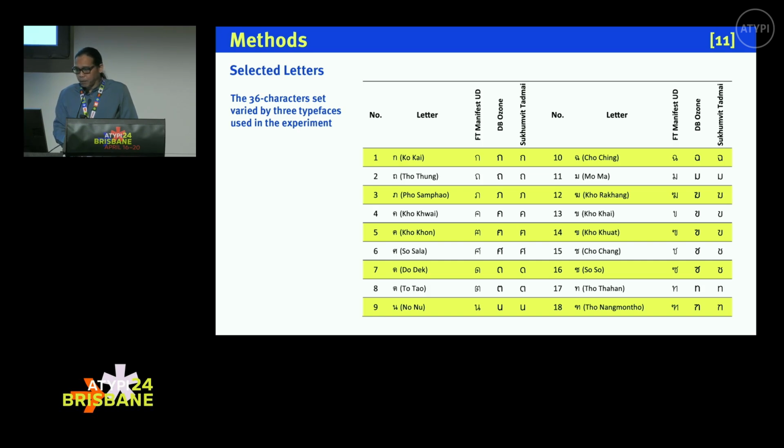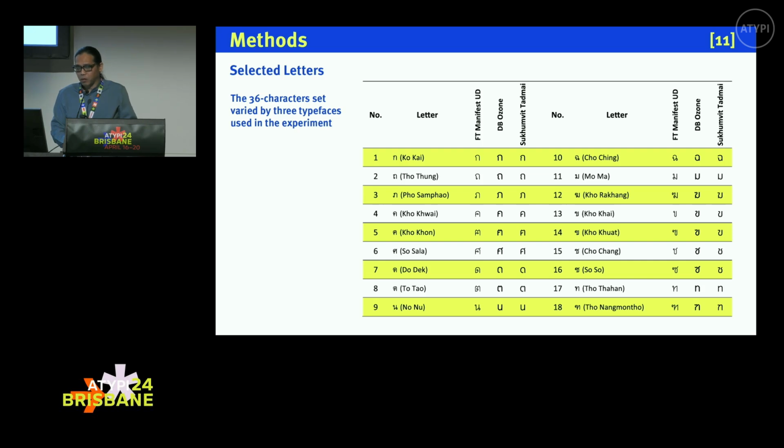For example, the numbers 1 through 3 letters look similar to each other, but differ only in the loop. The first, letter Cordia, has no loop.